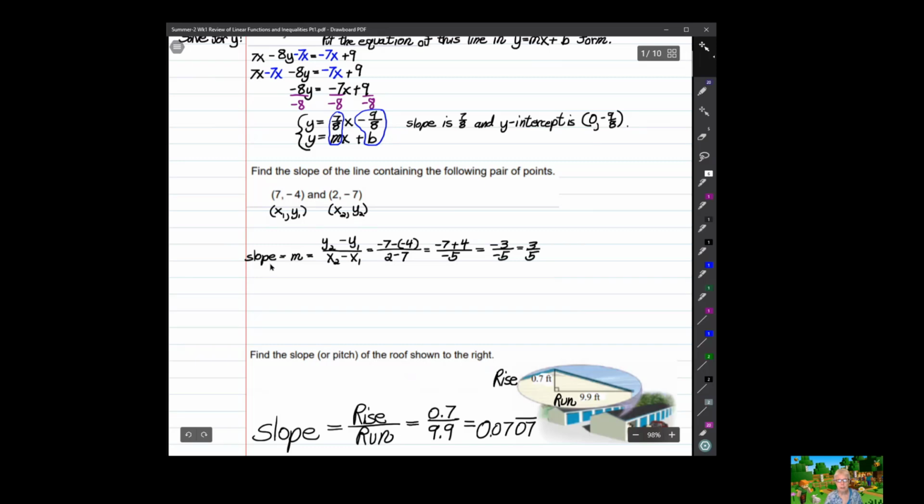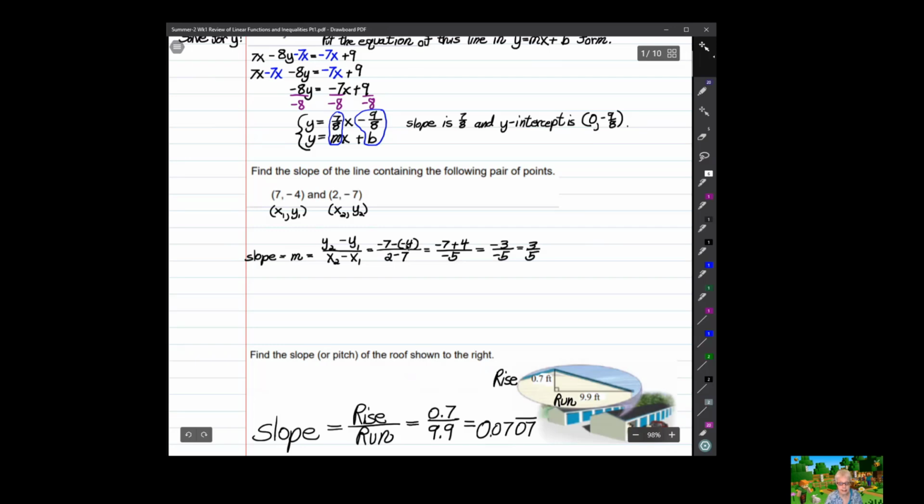Then I use the formula for slope: y2 minus y1 over x2 minus x1. y2 is -7 minus y1 is -4, over x2 minus x1, 2 minus 7.